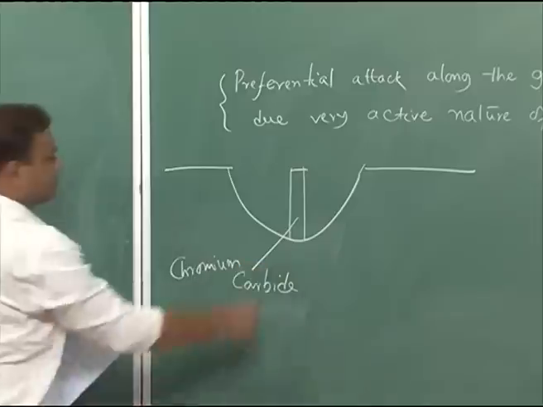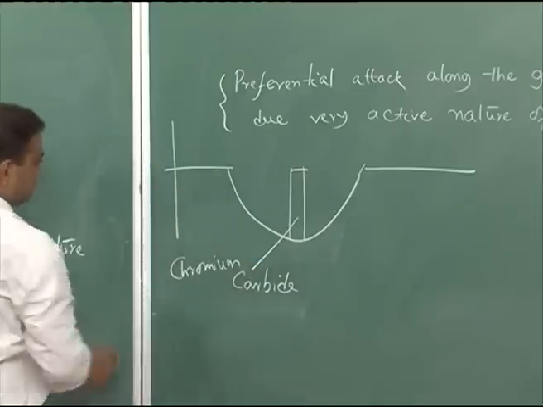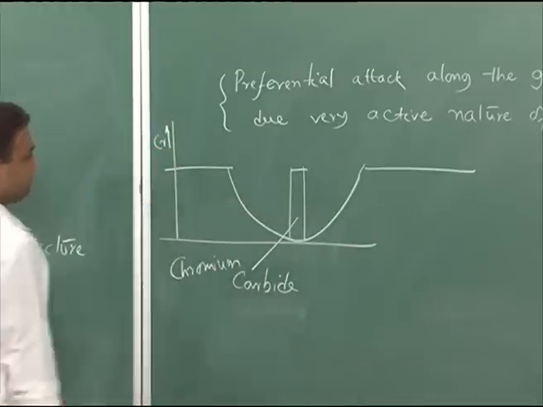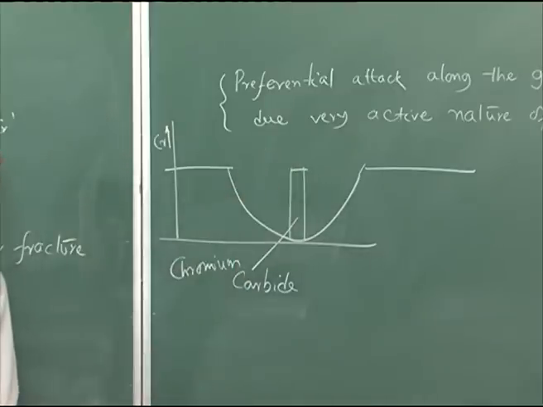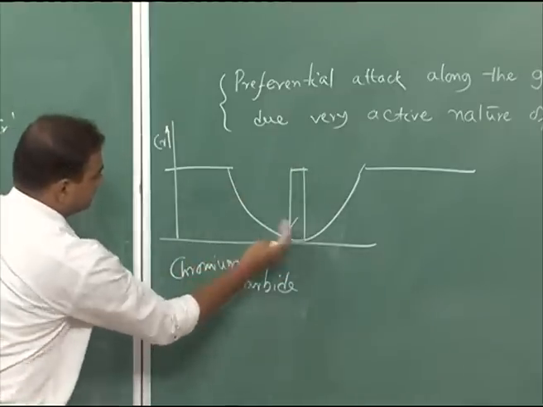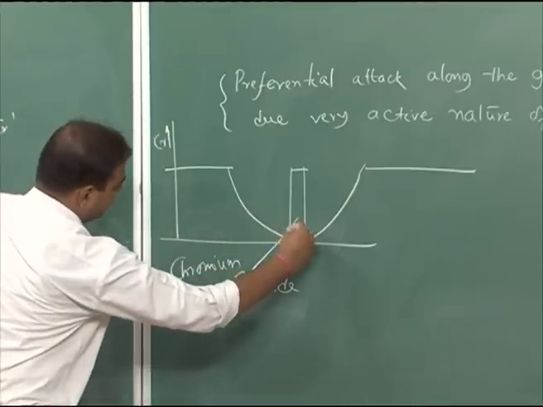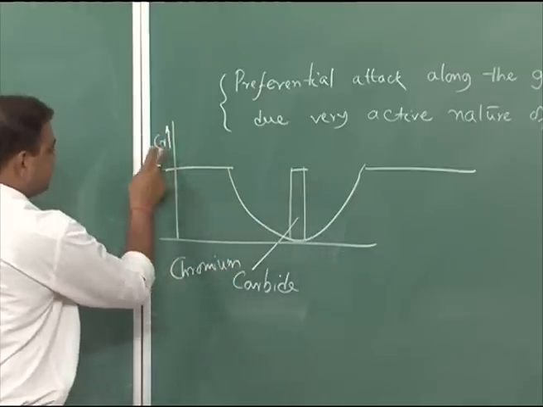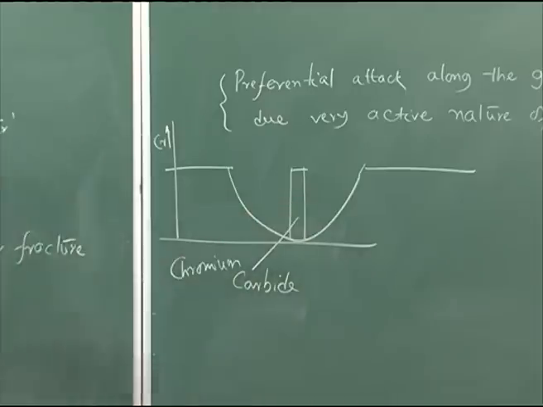This is my chromium carbide, and this is my chromium concentration. Along the carbide there is a huge increase, but as you go away from the carbide, you have gradually the lowest amount of chromium, sorry, the lowest chromium content in this zone, which is the grain boundary zone.